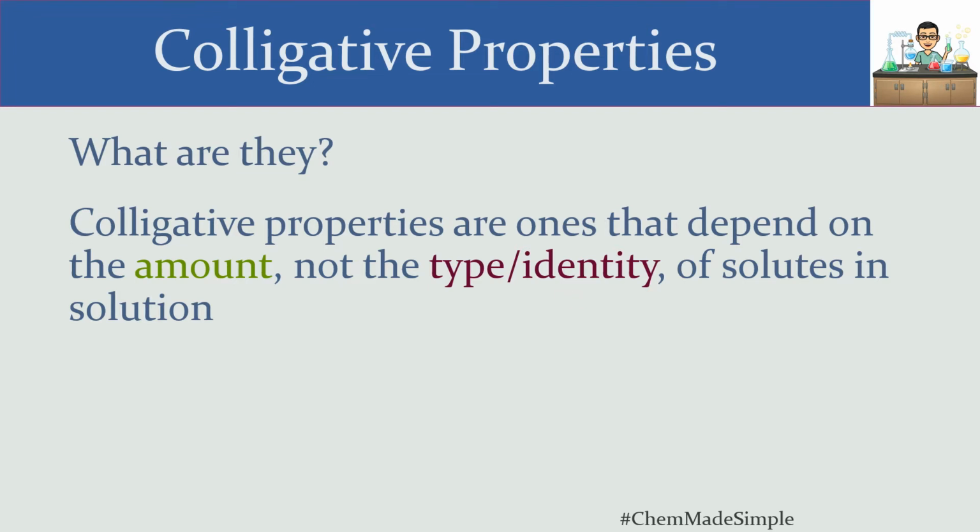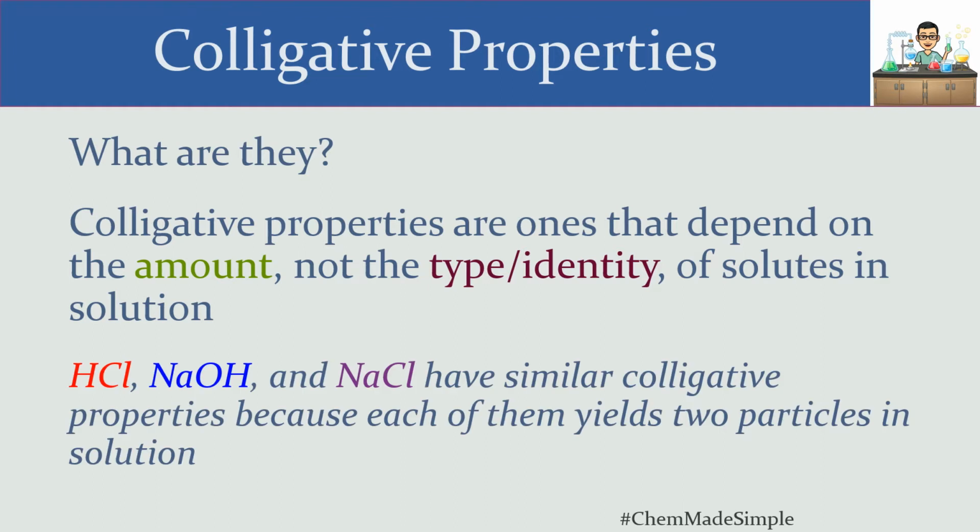And so to give you concrete examples of what I mean by that, if I take a look at hydrochloric acid, which is a strong acid, and sodium hydroxide, which is a strong base, and I take a look at sodium chloride, which is a neutral salt, those three things in terms of what we normally view them chemically as, they're about as far apart from each other as they can be.